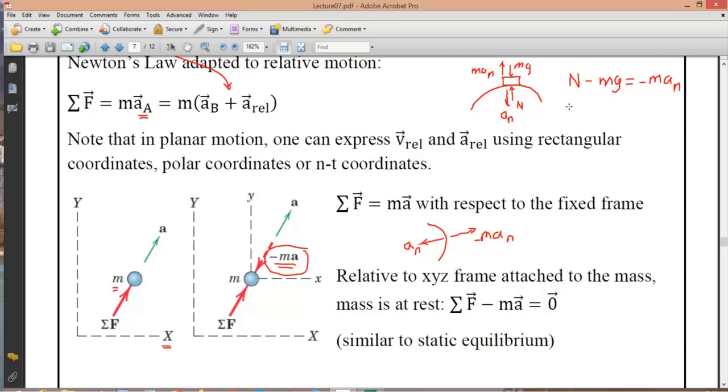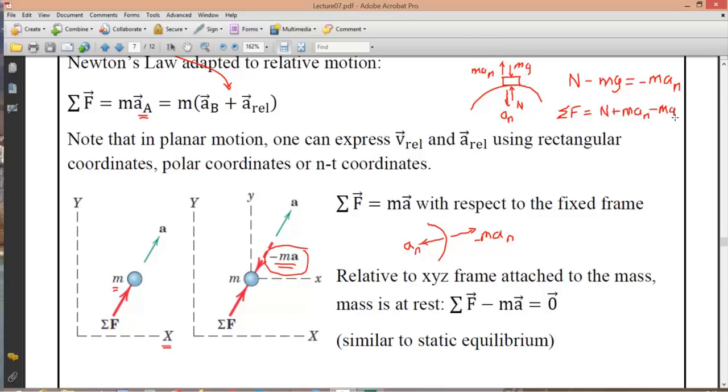So if we write out the static force equilibrium, summation of forces, then we're going to write N plus, this time, m times a_n, this is our D'Alembert force, minus mg, because its direction is downward.